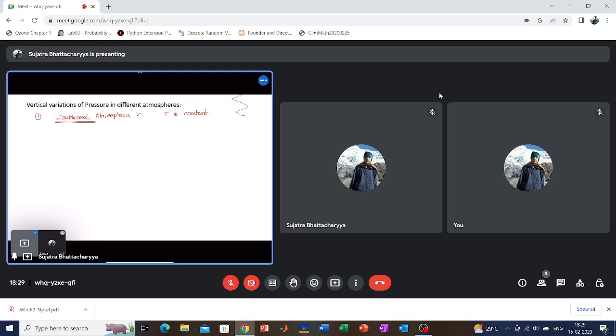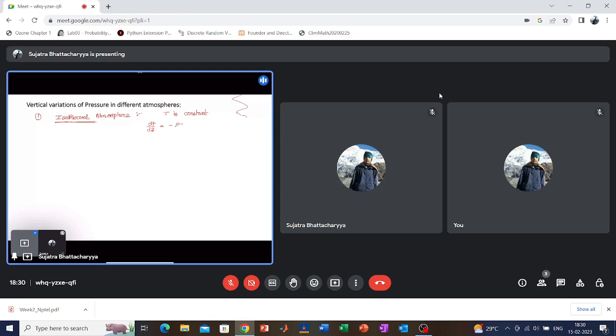Well, now to start with, we will use these two approximations. First is the hydrostatic approximation, and then the ideal gas equation. So dp dz is equal to minus rho times g, right?